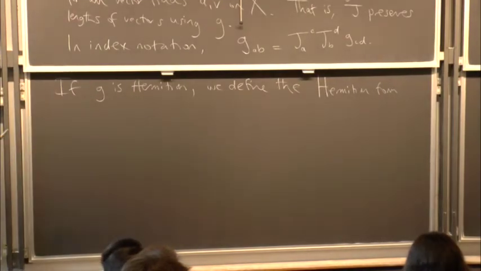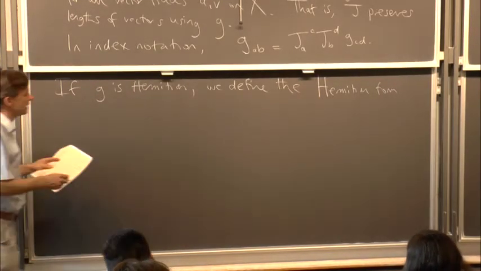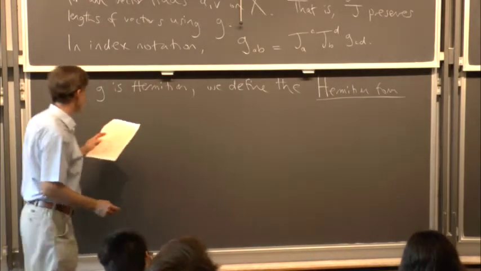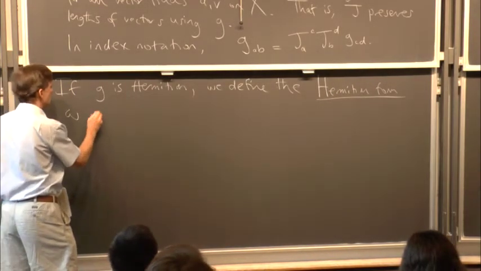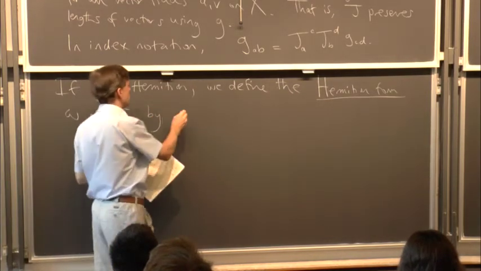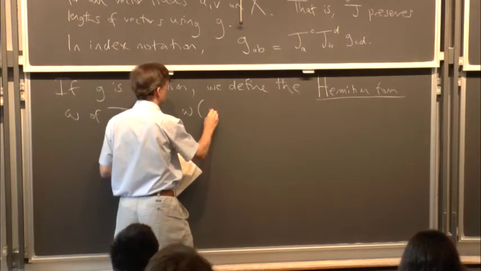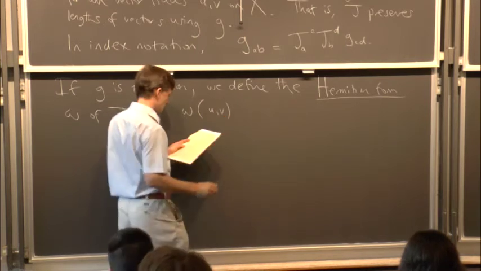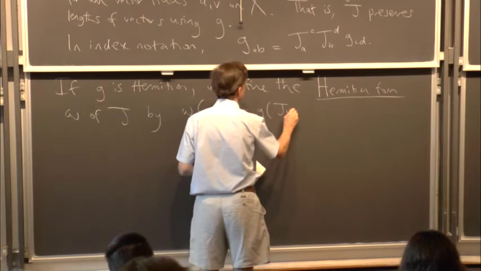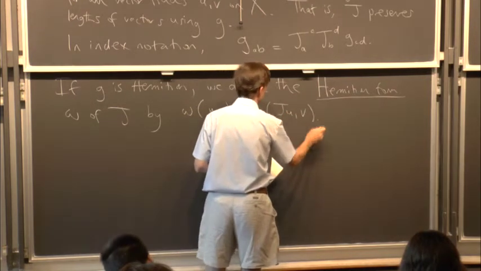If g is Hermitian, we define the Hermitian form omega of g by omega(u,v) equals g(Ju,v).